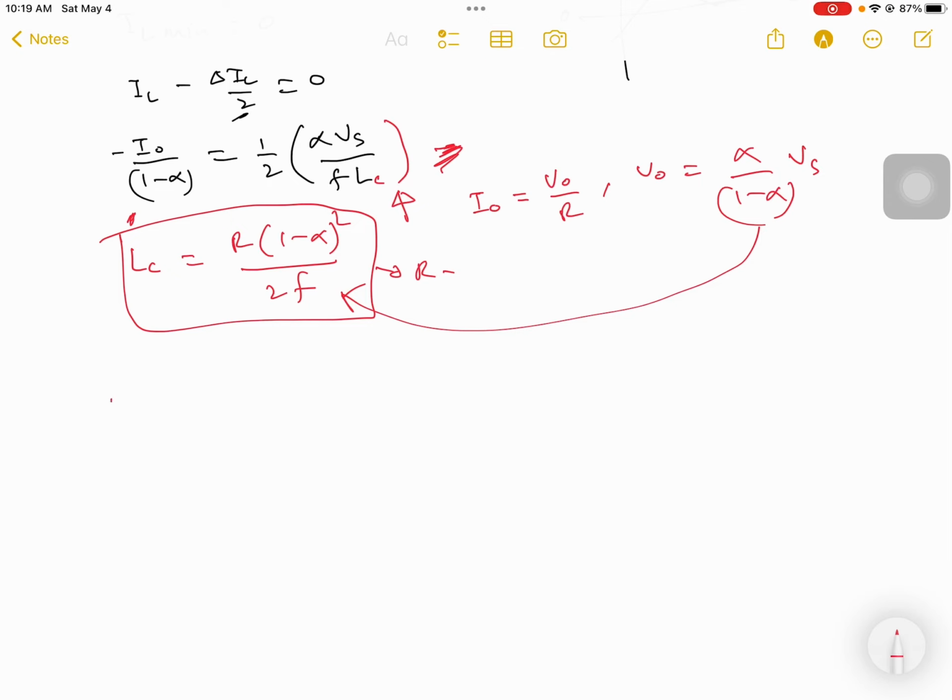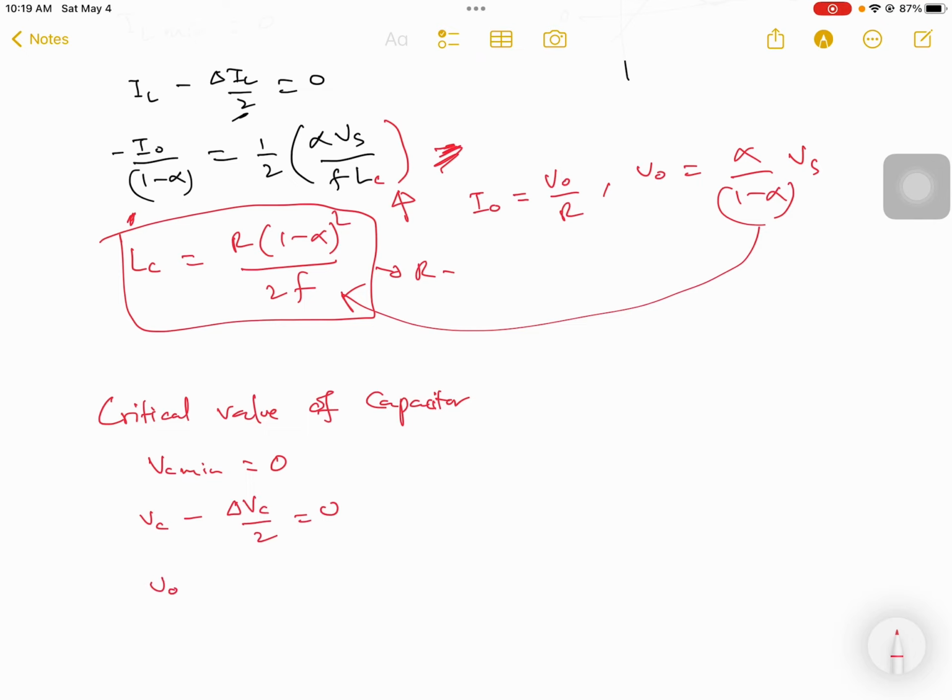And then next is the critical value of the capacitor. For this, we have to again equate Vc min equal to 0, so the value of Vc minus delta Vc by 2 is equal to 0.